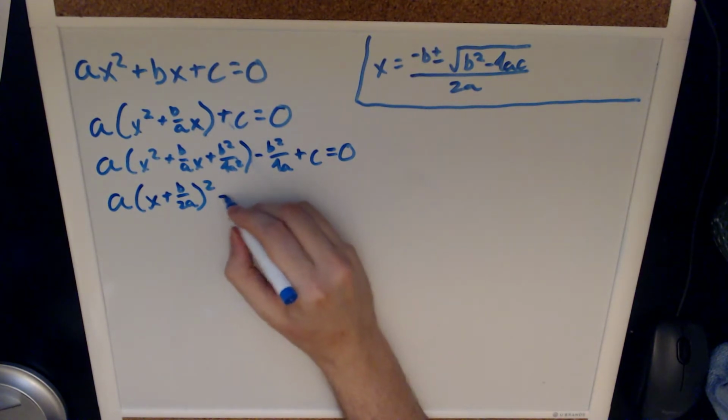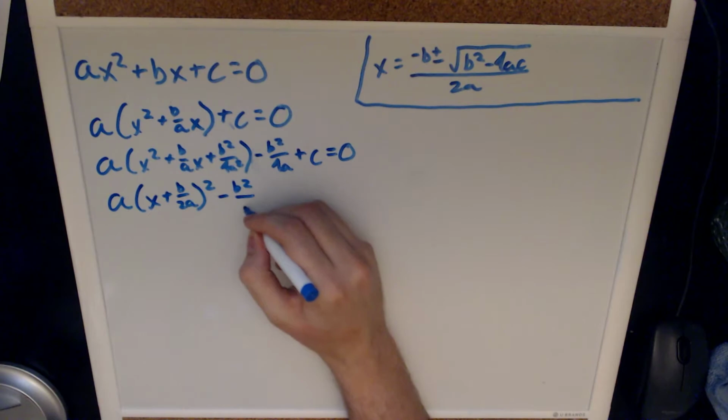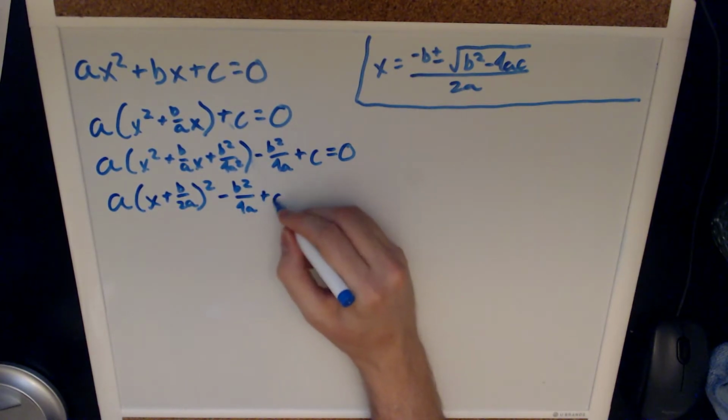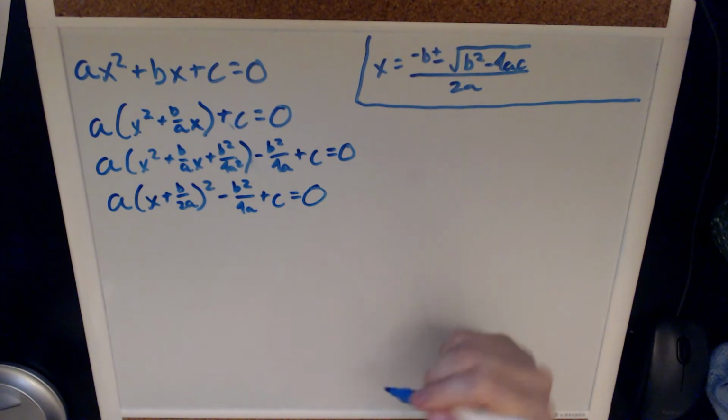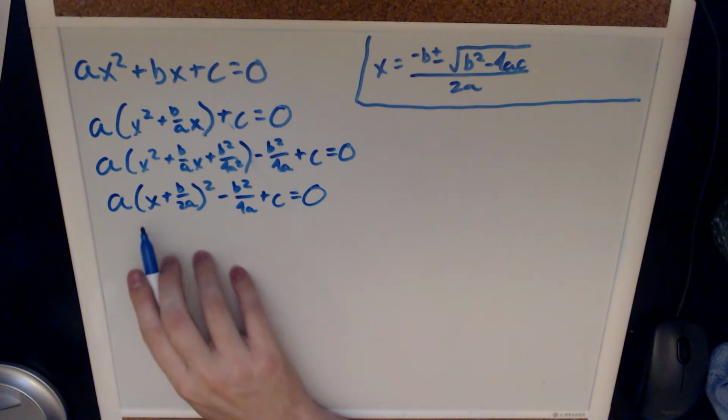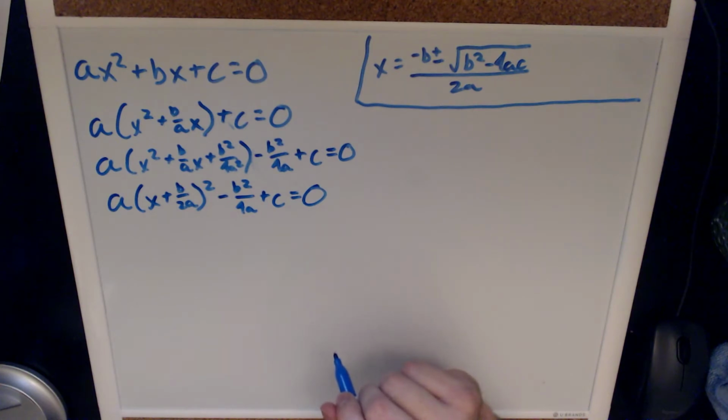We bring down our other terms and set the other side equal to 0. So now we've accomplished our goal of having x as a single term, and we can start to solve for it. It's a bit of a mess, but we can get there.